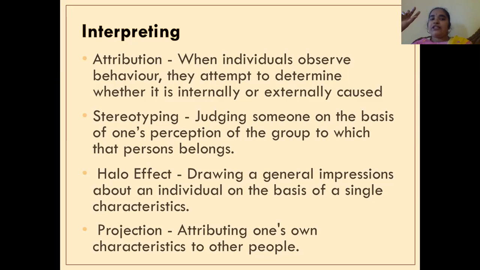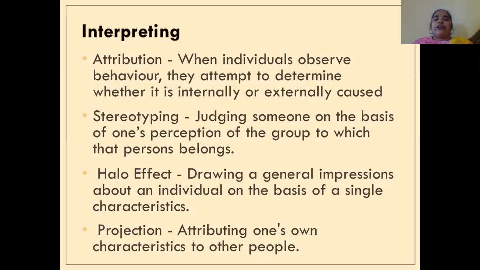So attribution means you're trying to relate what is the cause of that event, why your behavior or perception is like this. It is because of something internal or external. Or it is my fault, something went wrong, and so I am angry, or somebody else's fault. So you're trying to analyze the root cause of your behavior.